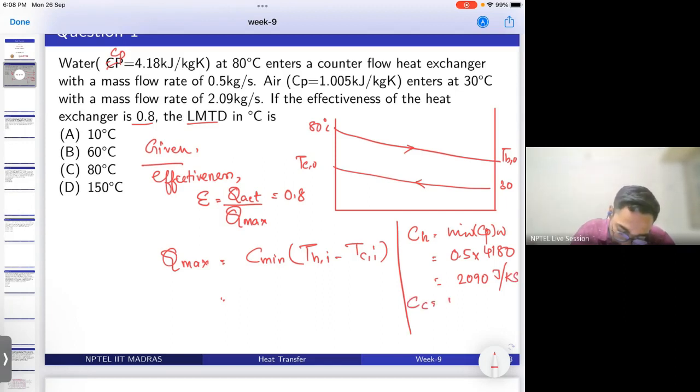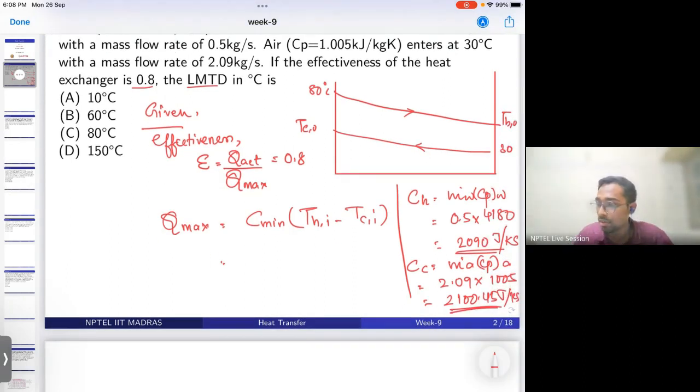Then C of the cold fluid, which is air, is the mass flow rate of 2.09 into 1005, which when you calculate comes out larger. So the minimum value, C min, is CH.